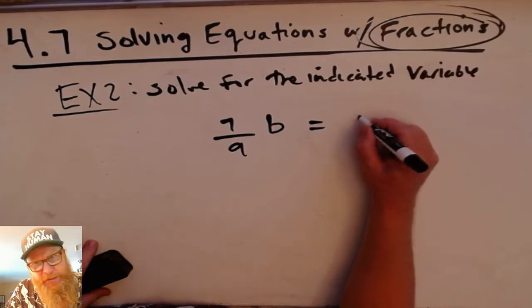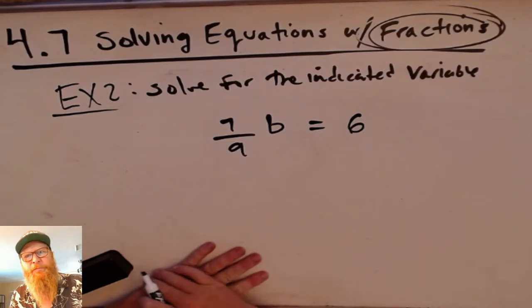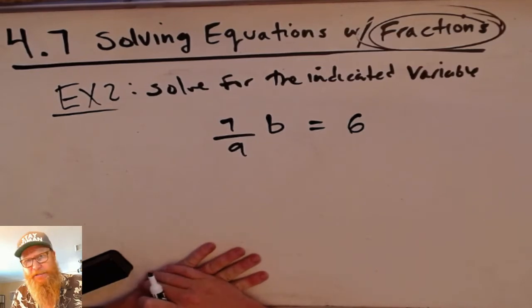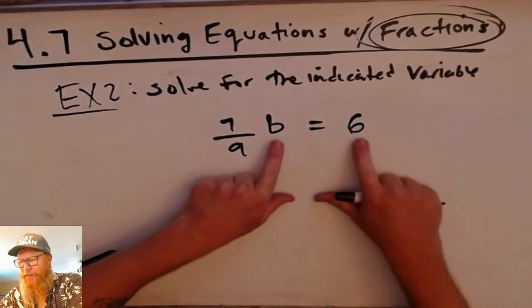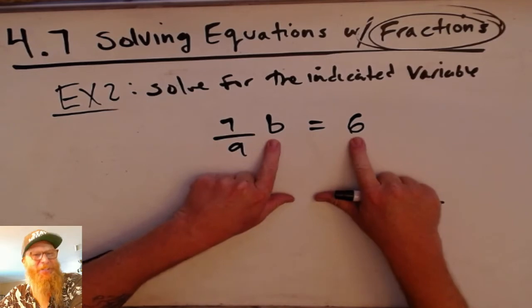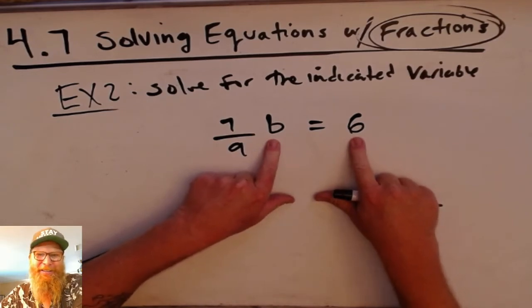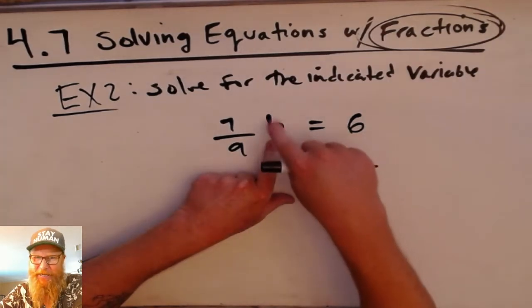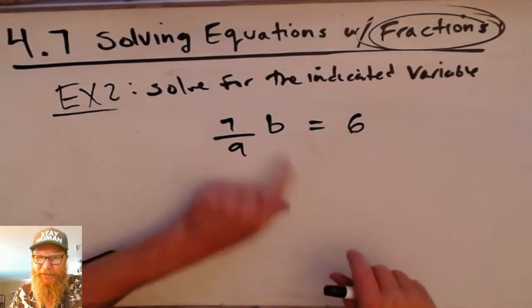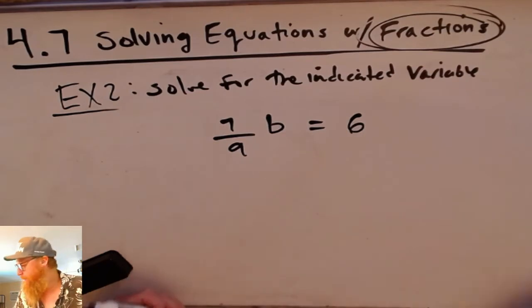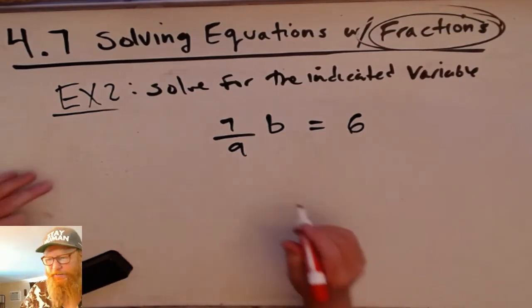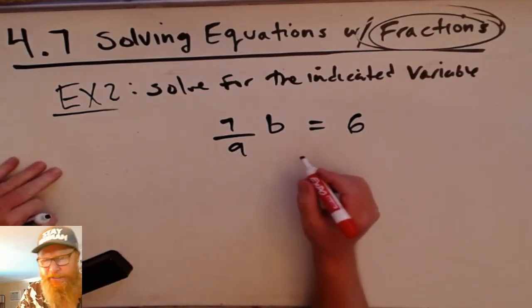About 6. 7/9 B equals 6. I did this to indicate the difference between a B and a 6. Now I write them very carefully. I've seen a lot of sloppy B's in my days where they sort of look like 6s. So this is a good exercise in preciseness, writing your letters and numbers precisely.